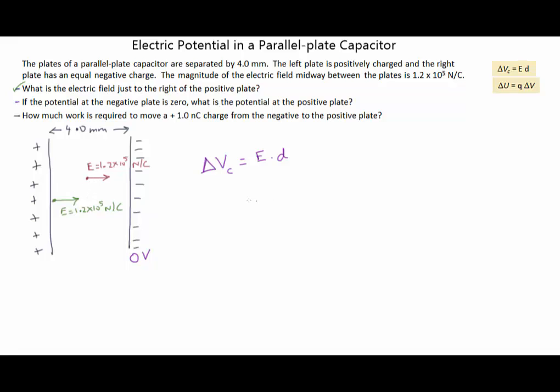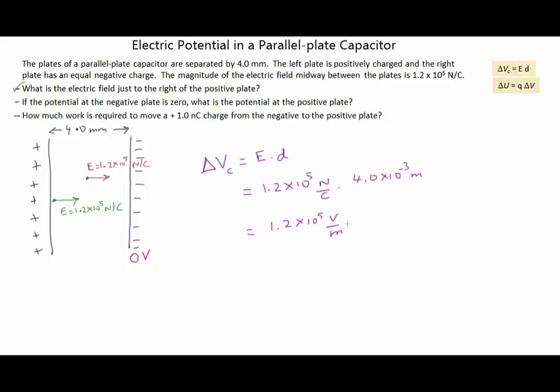So in the case of the parallel plate capacitor, this would simply be the electric field of 1.2 times 10 to the 5 Newton per Coulomb times the distance between the plates, which is 4 millimeters, 4.0 times 10 to the negative 3 meters. Now, electric field has 2 units that are both SI units. Newton per Coulomb is exactly the same as volt per meter.